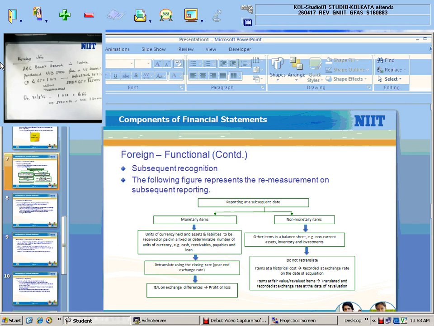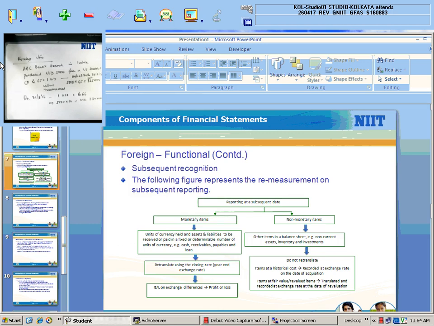But for subsequent measurement, or for reporting on a subsequent date, it may be remeasured. In case of monetary assets, this should be remeasured using the closing exchange rate on the reporting date. But for non-monetary items, the items can still be measured at the initial historical cost, and continued unless they are revalued or there is a fair valuation.